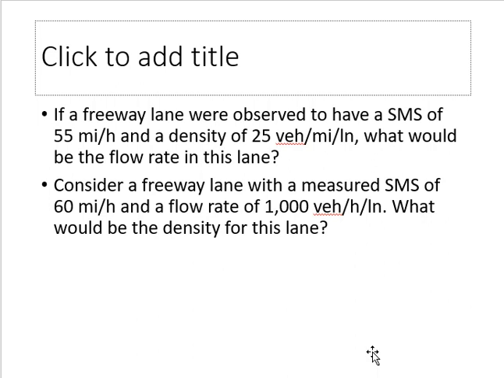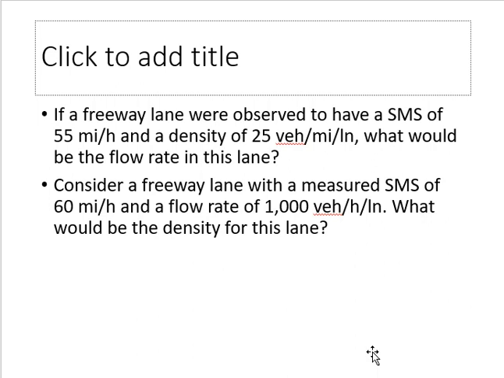V equals S into D. And what will be the units of V? Vehicle per hour per lane. Why? Because this is per lane. You use something per lane, the answer will be per lane, right? Got it?